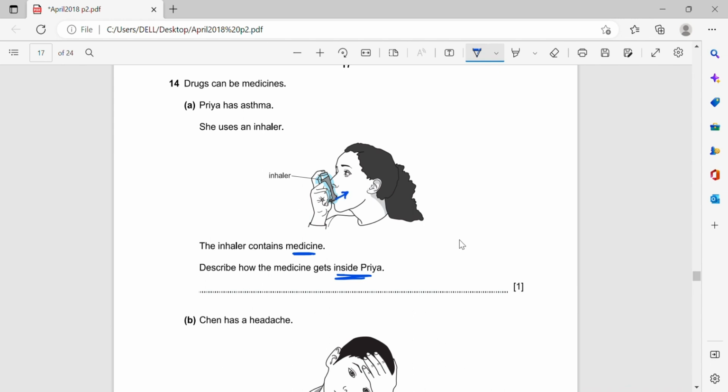Through breathing in, or inhaling. So with this inhaler we do inhaling, which is breathing in. This is where the name inhaler comes from, inhaling.